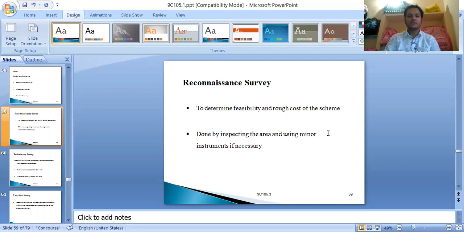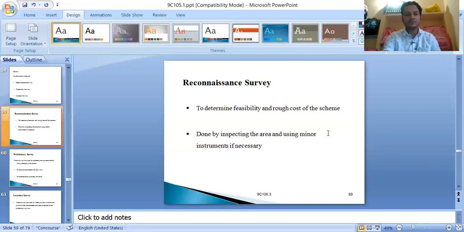So the reconnaissance survey is conducted to determine the feasibility and rough cost of the scheme. It is done by just inspecting the area and using minor instruments if necessary. We have to collect some basic data regarding the project, which may give us a rough idea about the feasibility of the project. So this is called a reconnaissance survey.